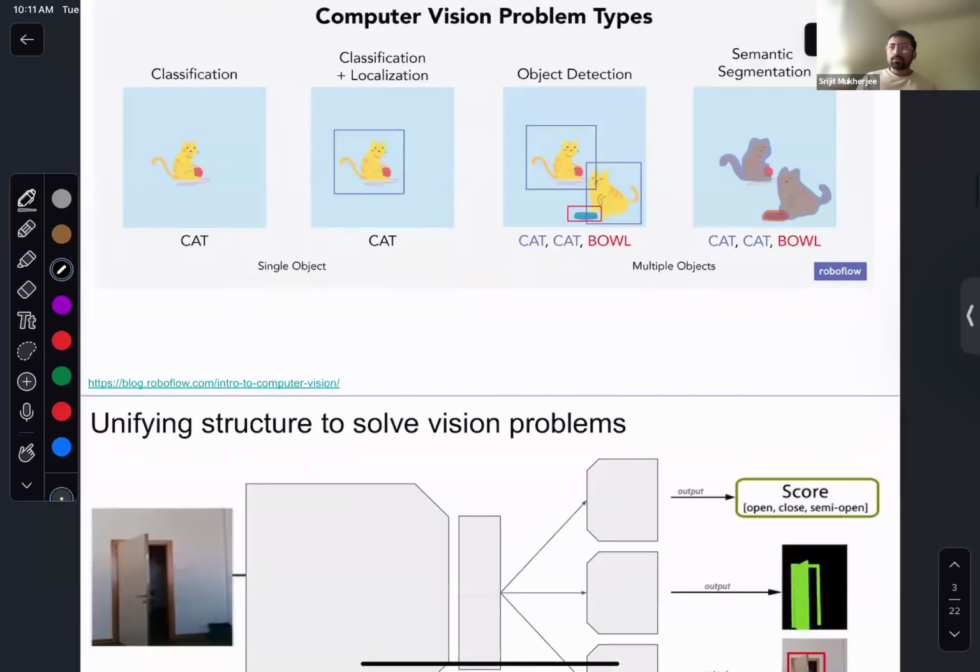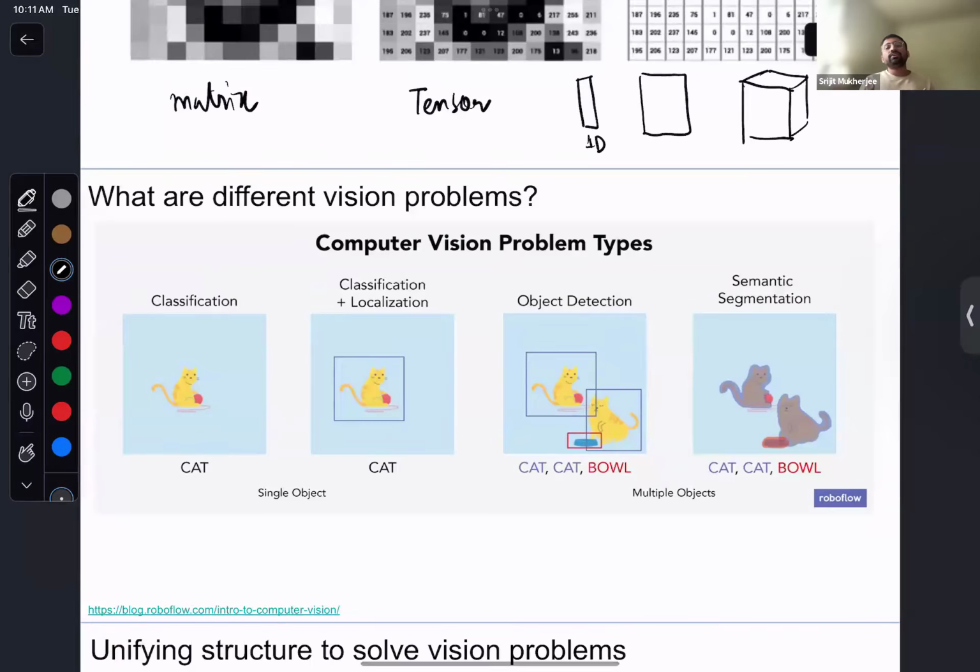Next question: what are the different computer vision problems? This slide is taken from Stanford's computer vision course. You can go and check it out after this. The basic problems are: number one, you are given an image with a single object and you are asked what type of animal or object it is.